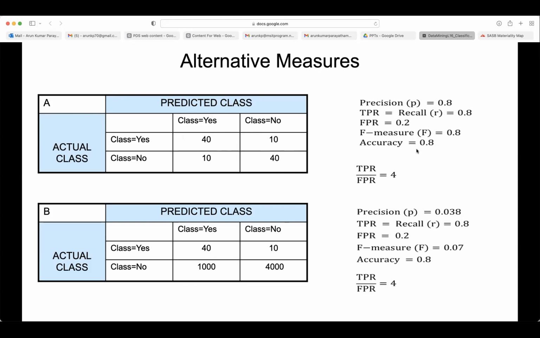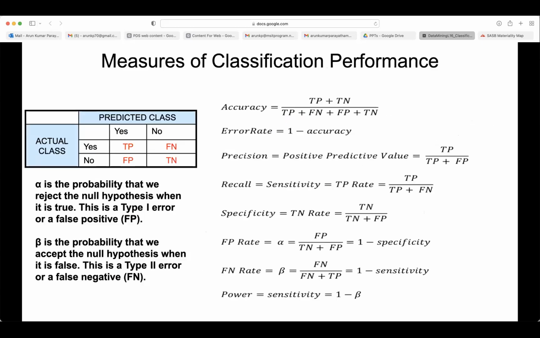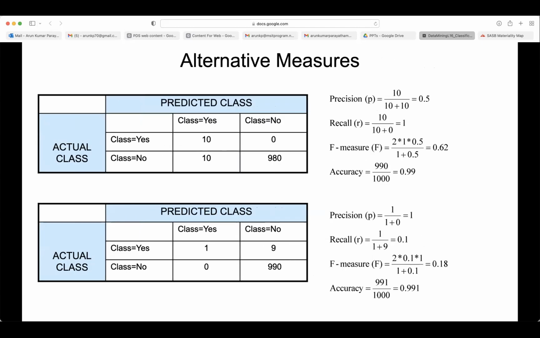And F measure is 2RP, that is 2 multiplied by 0.4 multiplied by 0.8, that is 0.64 by 1. What is 2PR? What is the formula for this? F measure.